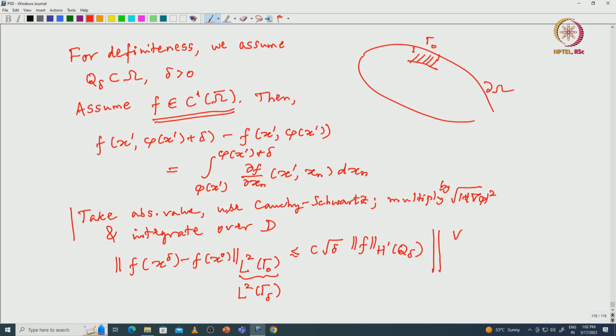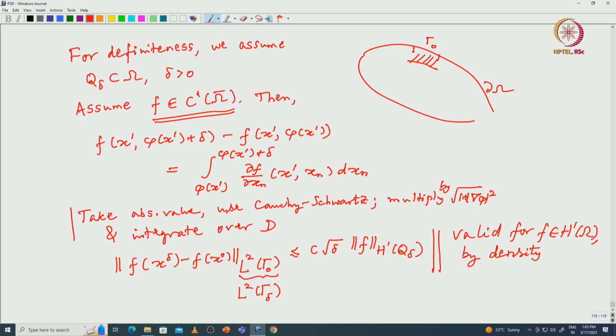So, valid for f in H1 omega by density. So, you can take a sequence in C1 omega bar converging to f, and then you pass to the limit.